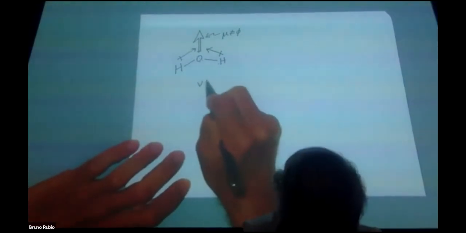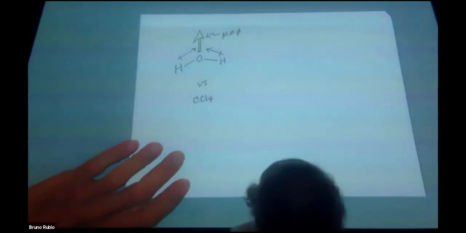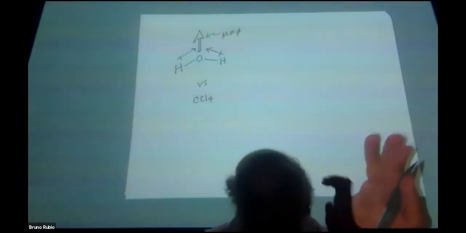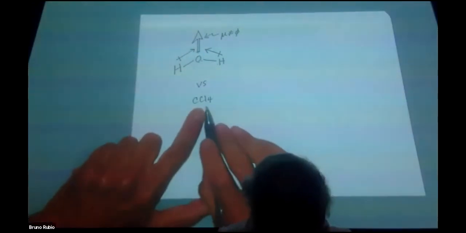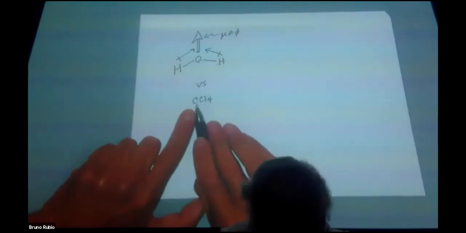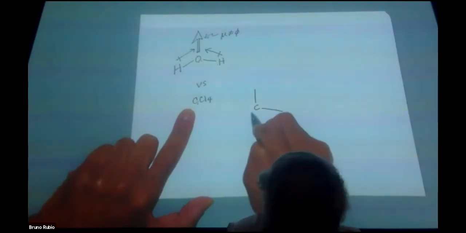Okay, but now let's compare that to carbon tetrachloride. Well, we need to know something about hybridization and about shape, because the molecular dipole moment is the vector sum of all of the bond dipoles. So this CCl4, the carbon atom, is sp3 hybridized.